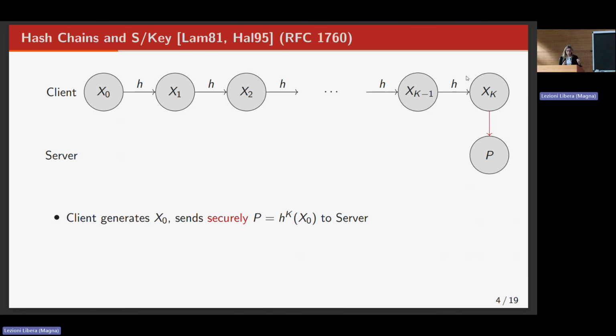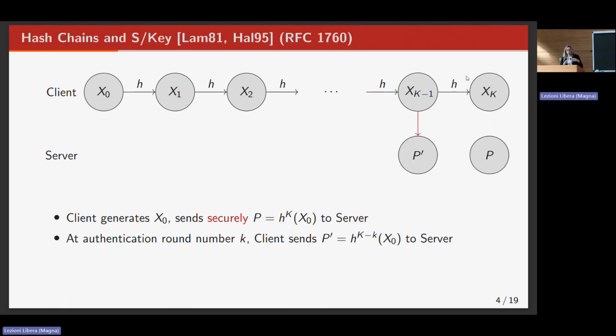Again, during the setup phase, the client is going to send securely the tip of the chain xk to the server, which is going to store it. And then if you want to authenticate at a later time, you can go one point backward on the chain and send here xk-1 to the server.